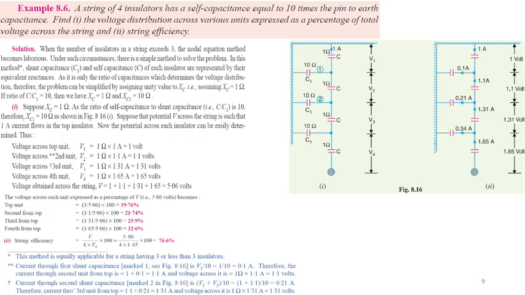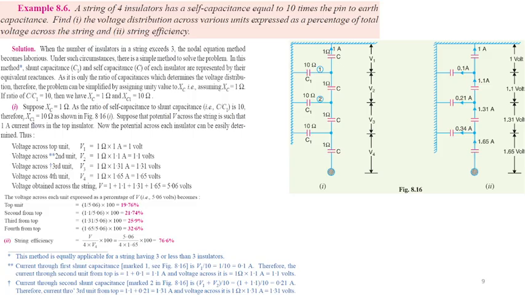The bottom unit experiences the highest voltage stress at about 32.6%, while the top unit carries only about 19.76% of the total voltage.